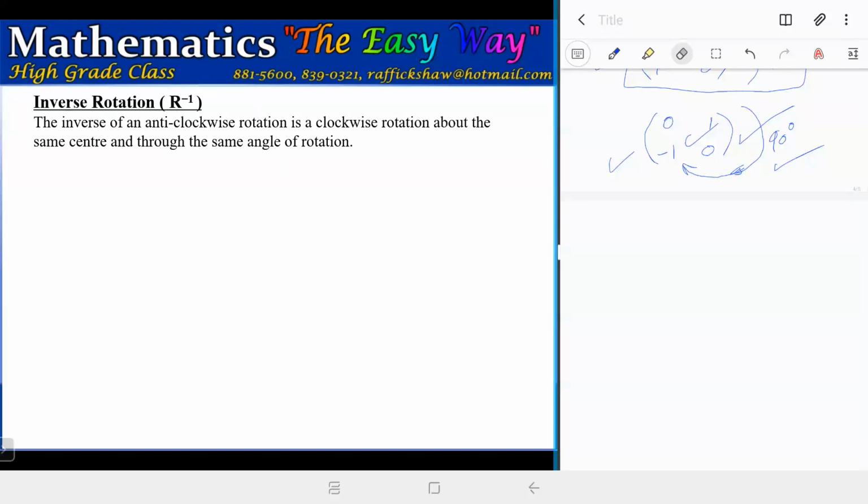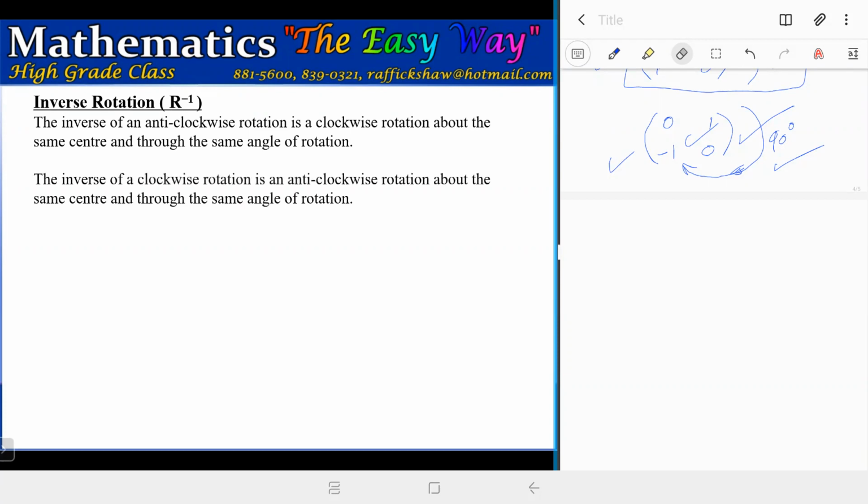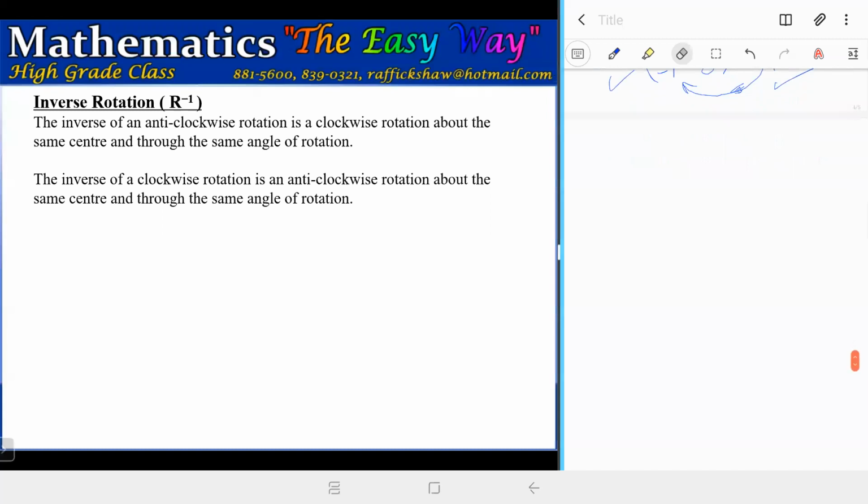All right. So basically, that's what this is saying. The inverse of an anti-clockwise rotation is a clockwise rotation about the same center to the same angle of rotation. The inverse of a clockwise rotation is therefore an anti-clockwise rotation about the same center to the same angle. So if you actually calculate the inverse of this matrix, this one is the anti-clockwise 90 degrees rotation: minus 1 up here, 1 down here, 0, 0.